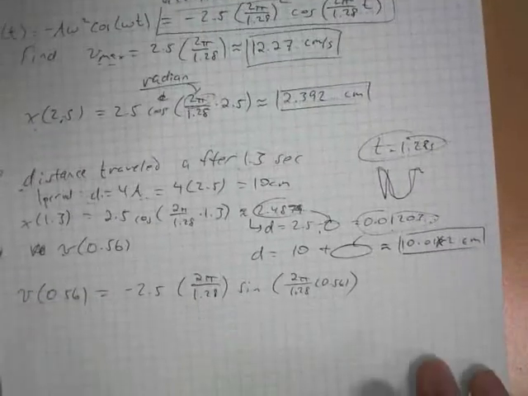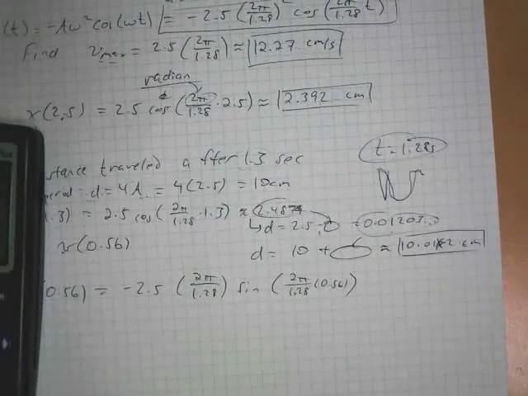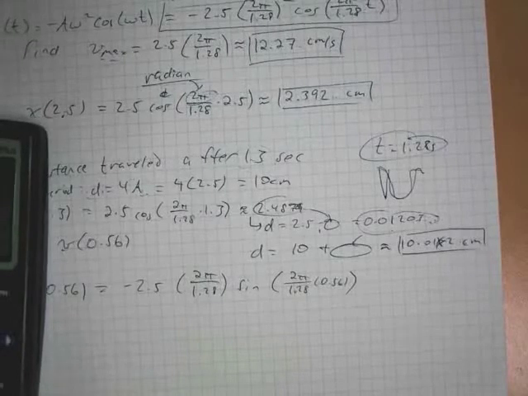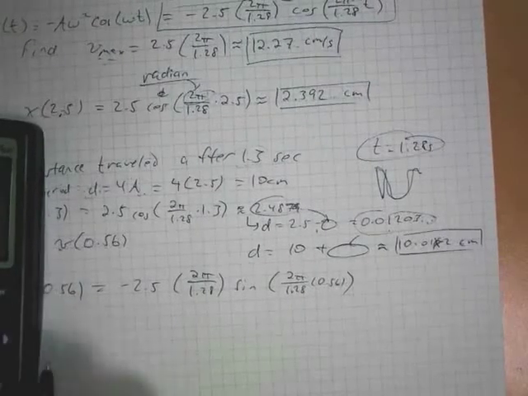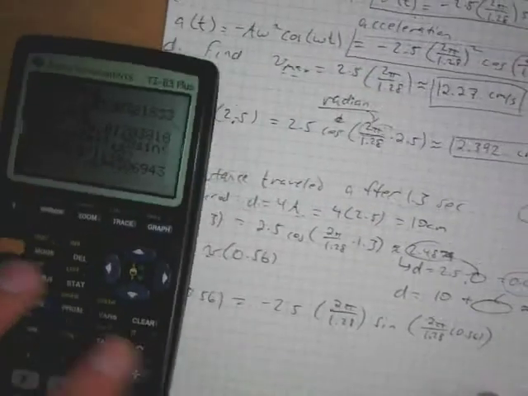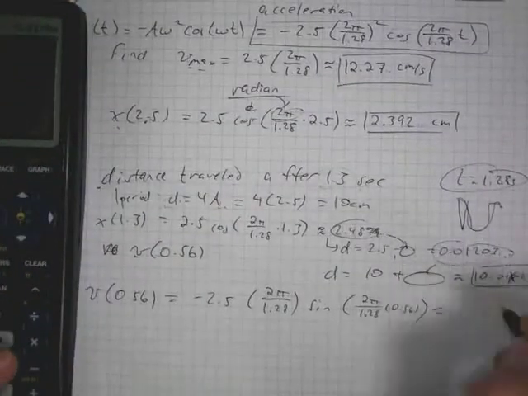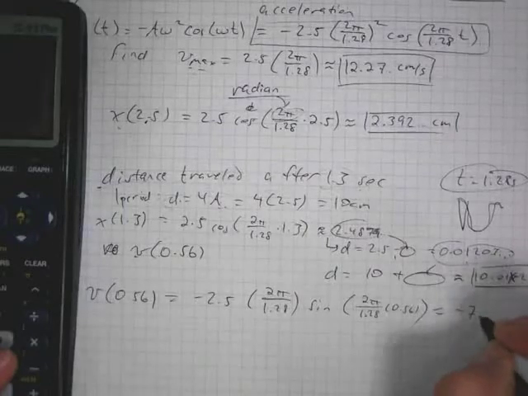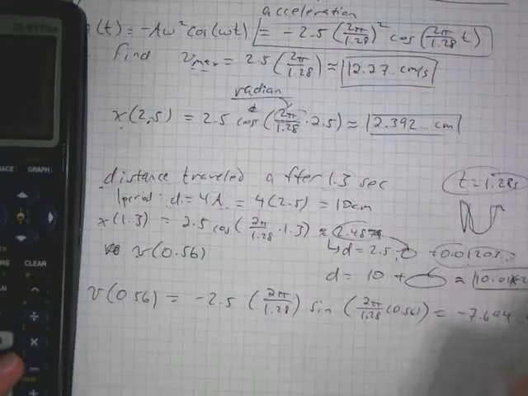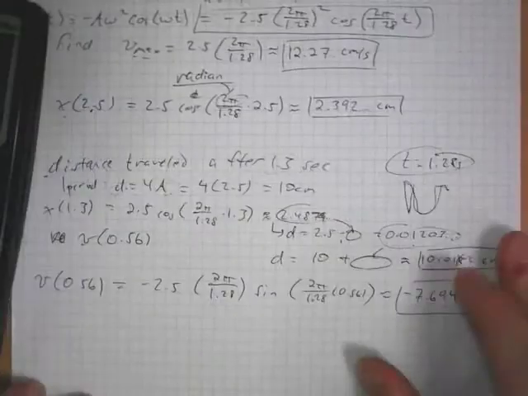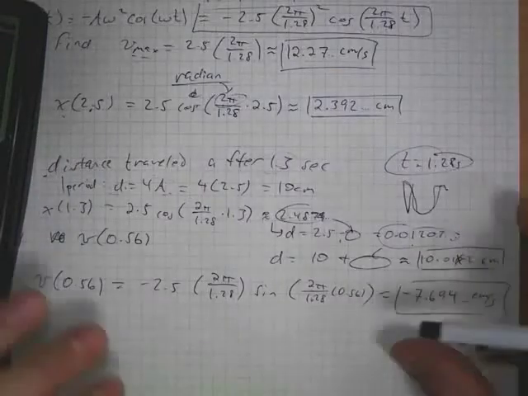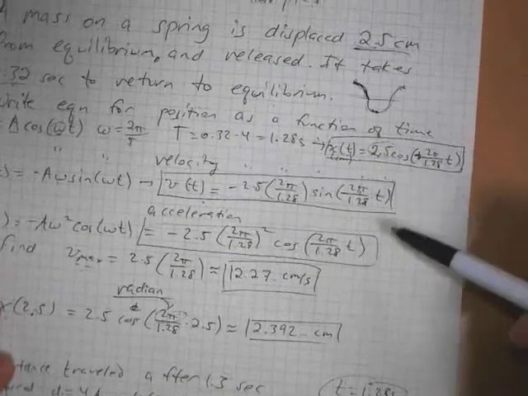We can punch that into the calculator very simply, and get that our velocity at that time is minus 7.694 centimeters per second. So again, all of these are very straightforward.